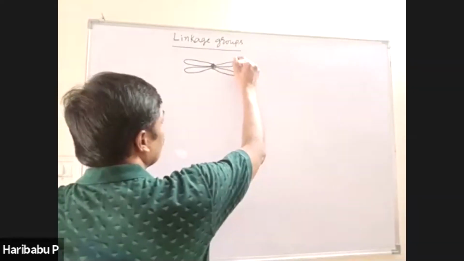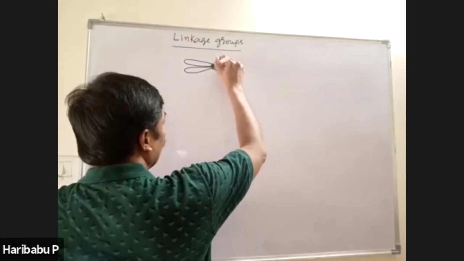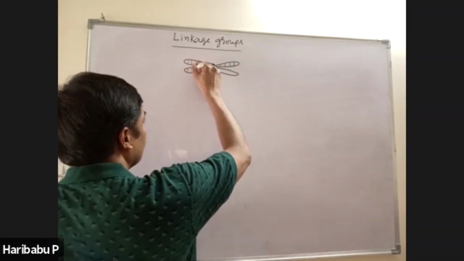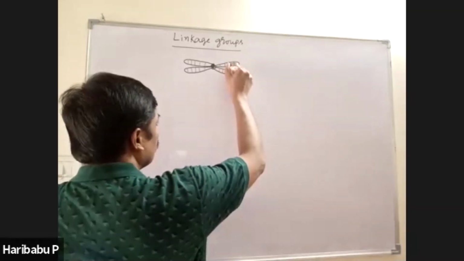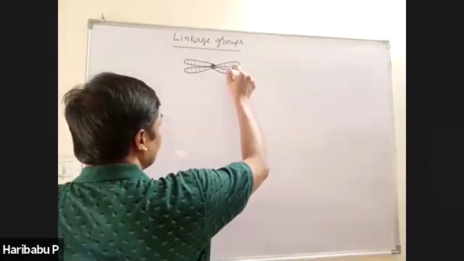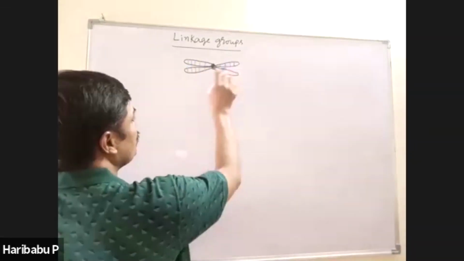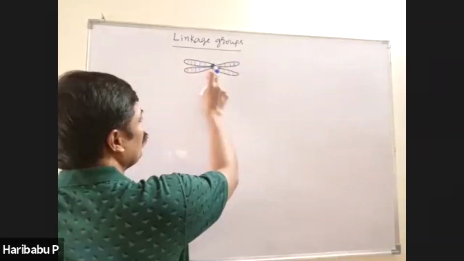Now see this. 1, 2, 3, 4, 5, 6, 7, 8, 9. These are the genes. So this chromosome shows the arrangement of genes, present linearly on the chromosome.